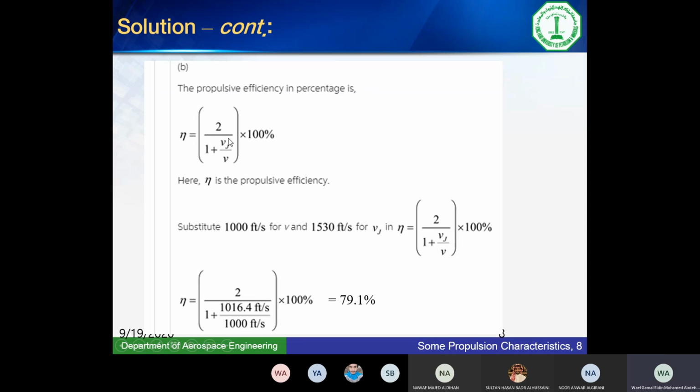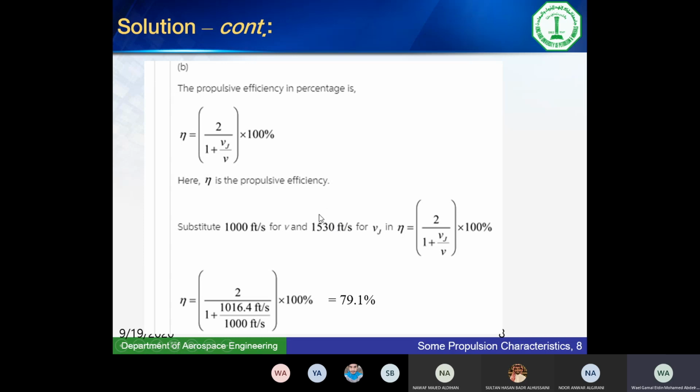So for this problem, V jet was 1,526, which is rounded here to 1,530. You probably now know that in the textbook, the author rounds all the numbers to 3 significant digits. The reason is that 3 significant digits is as many digits as an engineer would need for reasonable accuracy. There is no point in using a 4th or a 5th digit because the theories that we are using are not that accurate.